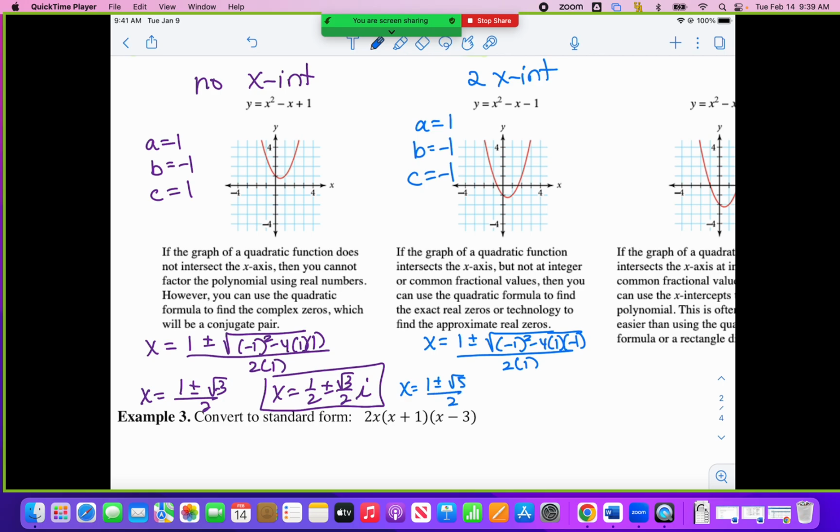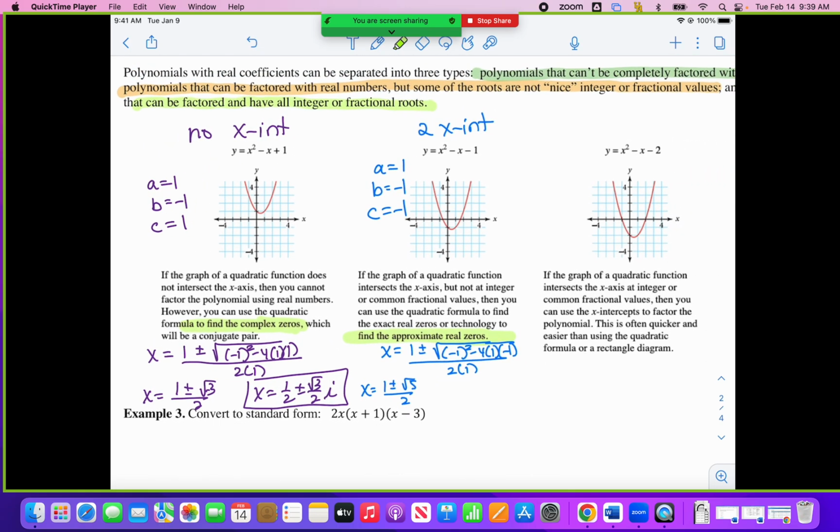Do you see that there are 2 real zeros, but they're ugly? They would be decimals if I had to go the distance. So there's complex, there's approximate real zeros. Now let's do the third one.